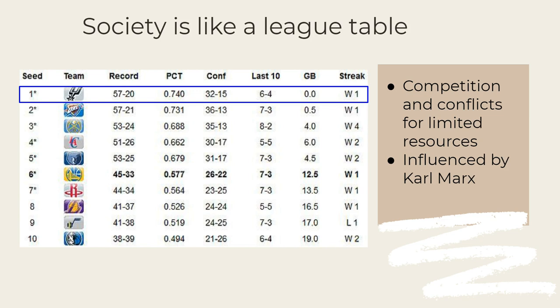And if you're in the number one position, you want to make sure that you stay number one for as long as possible. And you want to capitalize on that position. So, for example, being number one, you'll probably have a lot of money, so you'll make sure you buy all the best players out there. That way, when you play the next game, you will win the championship again, right?